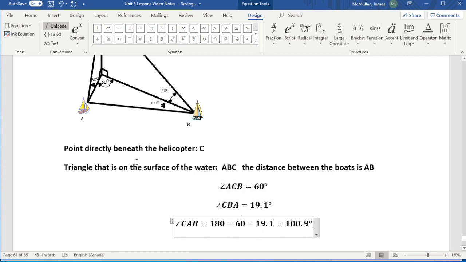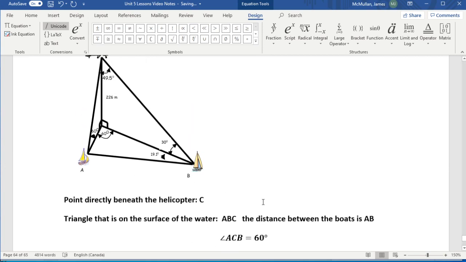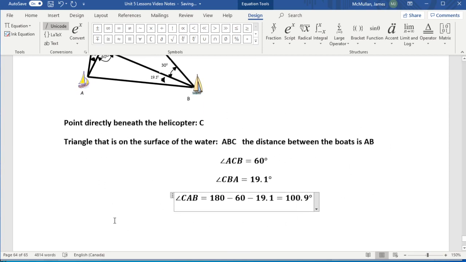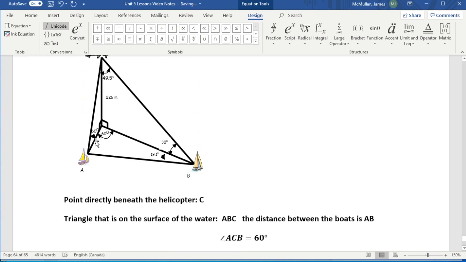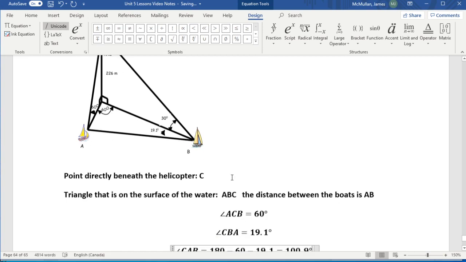Of course, what I've been saying all along about triangles is that knowing three angles is still not solvable, because you can't start the sine law and you can't start the cosine law since you don't know enough. So it would be helpful if we knew one of these sides, either BC or AC.